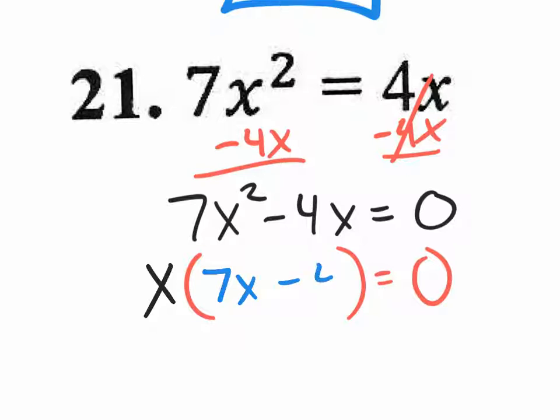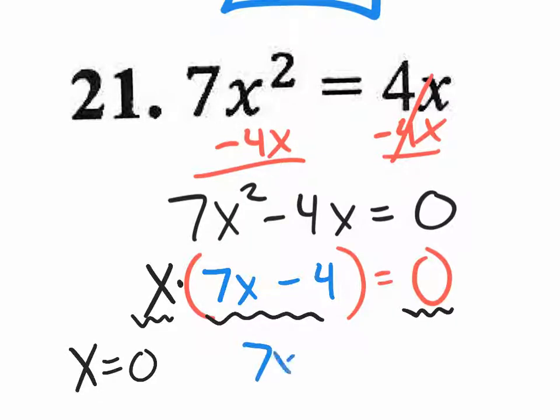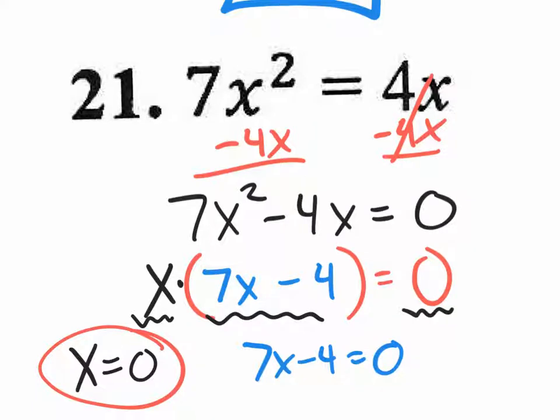7x minus 4. And once again, we factor to have something times something equals 0, which means that the first something could equal 0, or the second something could also equal 0. Okay? And of course, you solve both, but one of them is already solved for you. And the other one you need to solve.